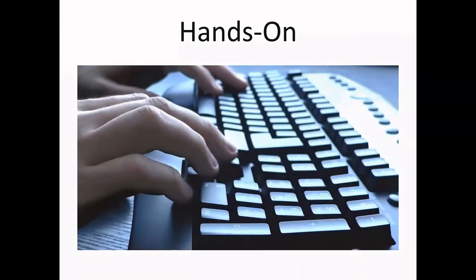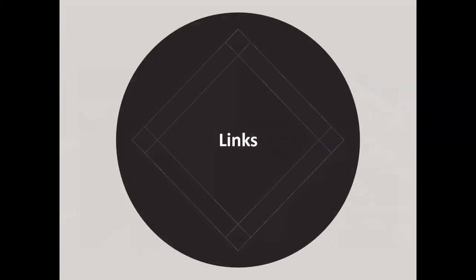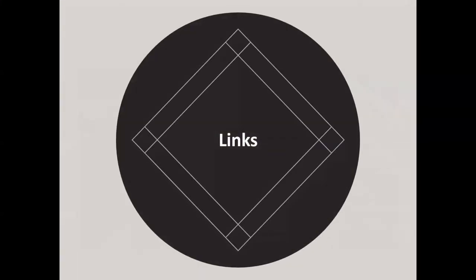All right. So now there is a very important element that's called the link. That's one of the main reasons that the internet was invented to begin with, to link different documents together. So how does that happen?